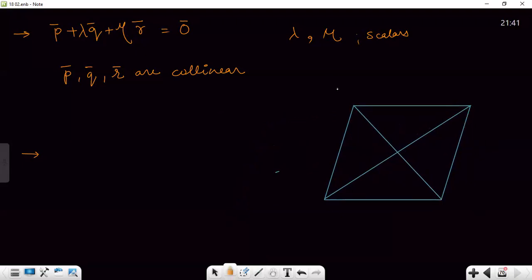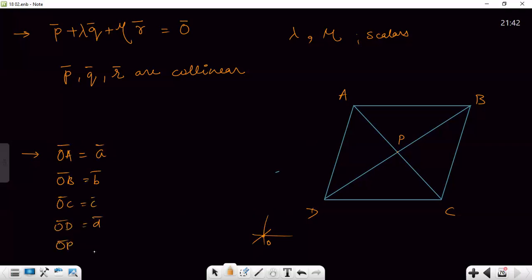Let's name it A, B, C, D. And this point is P. So I'm calling the position vectors, like if O is the origin somewhere here. So OA vector is the position vector of A, which I'm calling A vector, OB vector as B vector, and similarly OC as C vector, OD as D vector, and OP as P vector. So just for the simplification.